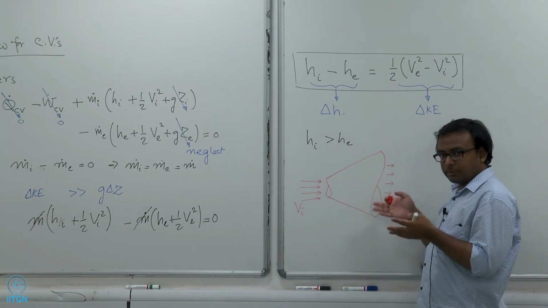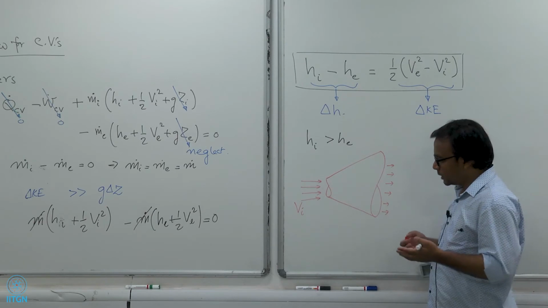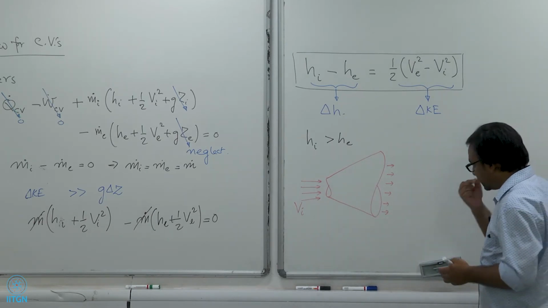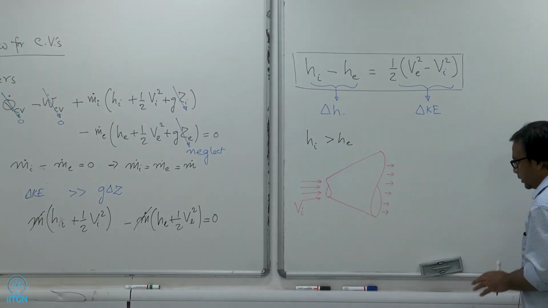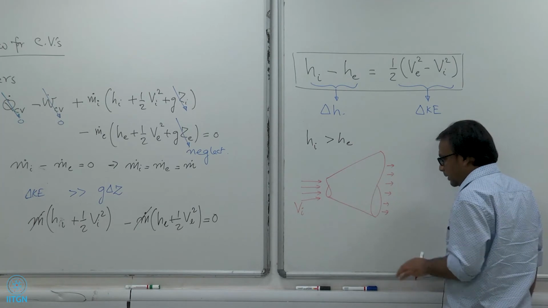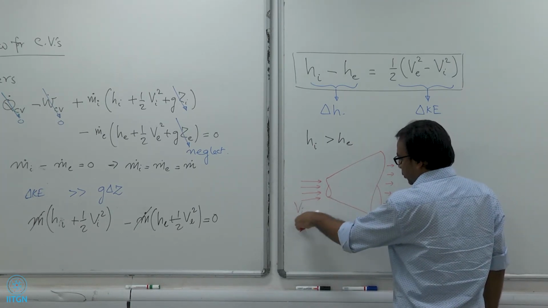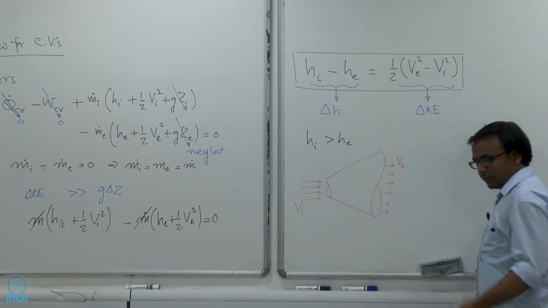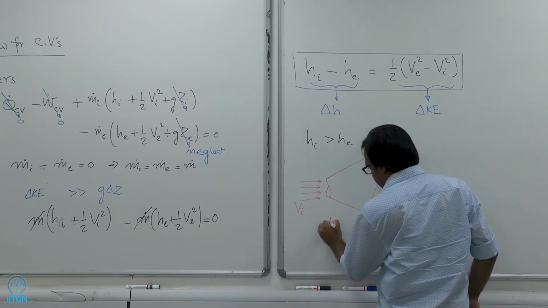These are used in jet engines, in wind tunnel experiments, at the exit of turbines, and in many other industrial applications. The fluid comes in at a very high velocity and exits with a very small velocity. Again, this is a diffuser.